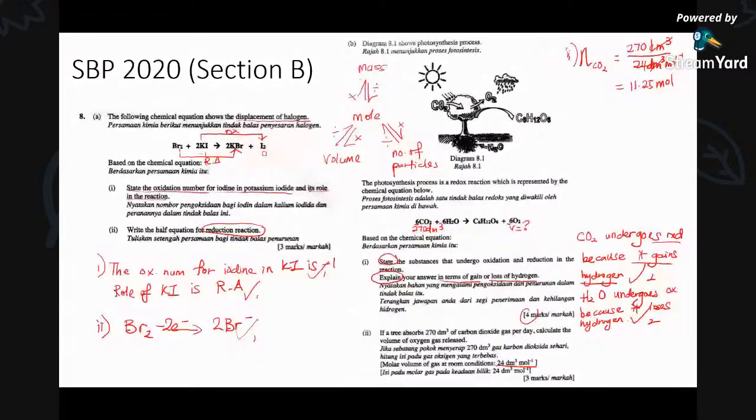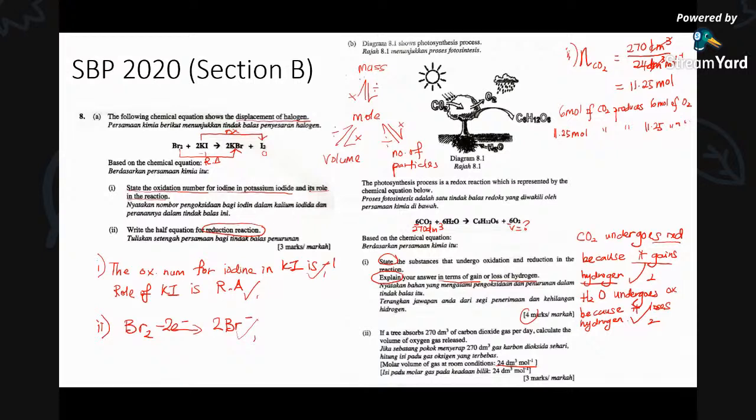So you have to write down 6 mole of carbon dioxide produces 6 mole of oxygen. So if it's 11.25 mole of carbon dioxide, it is going to be the same. Also produces 11.25 mole of oxygen gas.